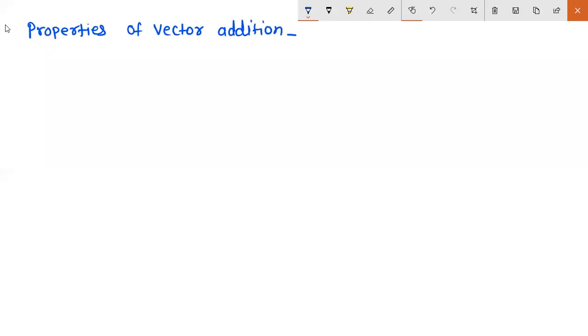Okay, so first property is that vector addition is commutative. This commutative means we can write A bar plus B bar as B bar plus A bar, means A bar plus B bar is equal to B bar plus A bar.